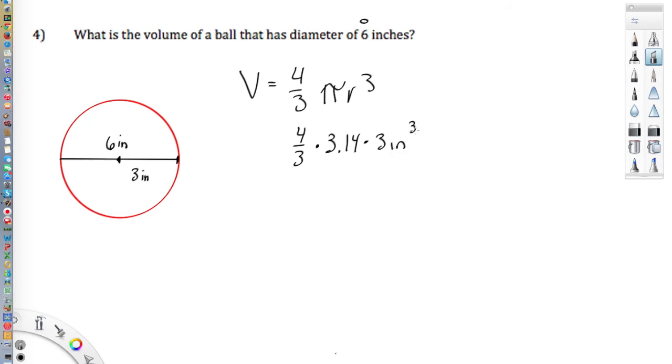Okay, order of operations says I do the cubing first, so 3 cubed would be 27 cubic inches. Bring down the rest of my information. Then when I multiply 27 times 3.14, I'm going to get 84.78 inches cubed.